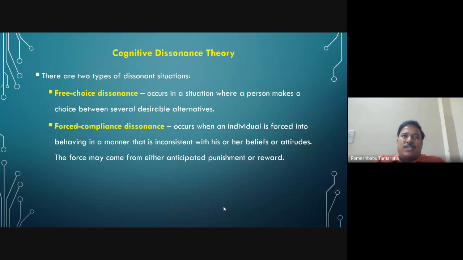Another dissonant, conflict situation that might arise is forced compliance dissonance. It occurs when an individual is forced into behaving in a manner that is inconsistent with his or her beliefs or attitudes. The force may come from either anticipated reward or anticipated punishment.